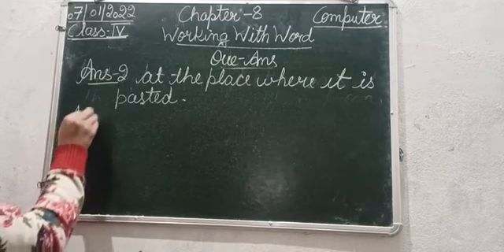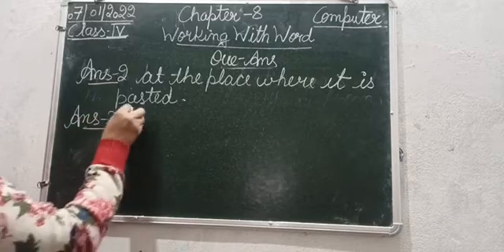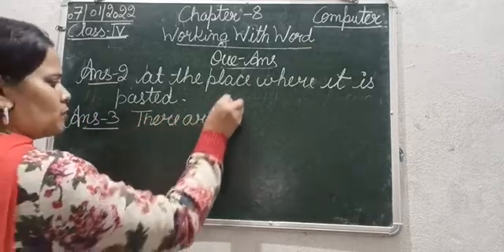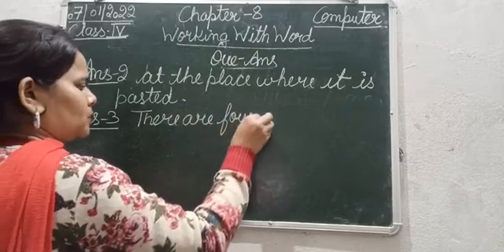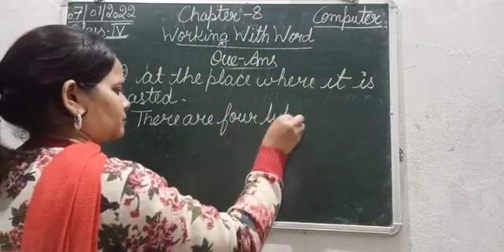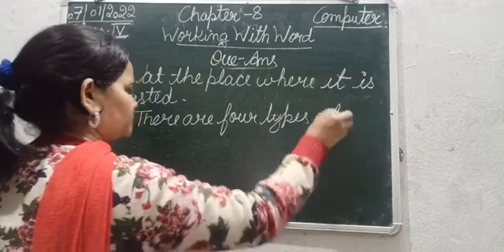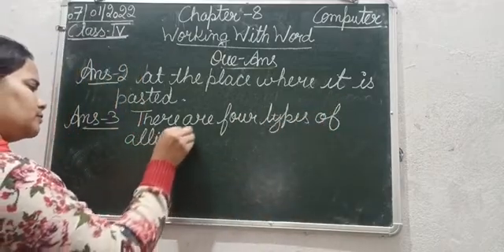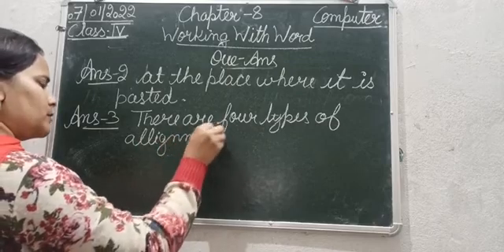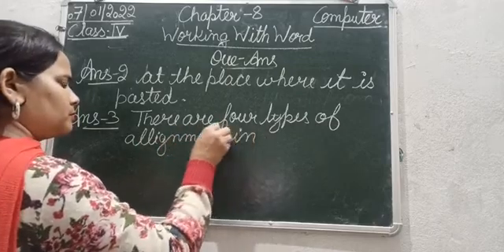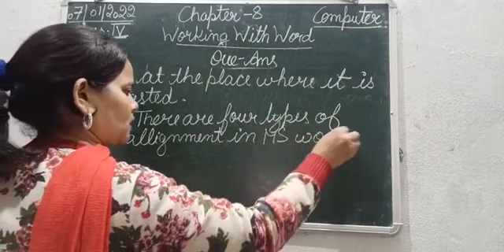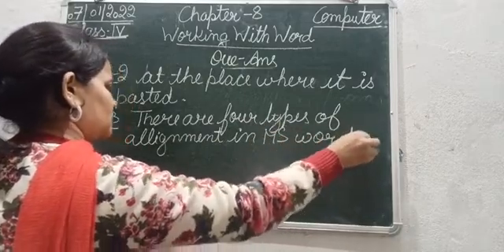Answer number 3. There are 4 types of alignment in MS Word.